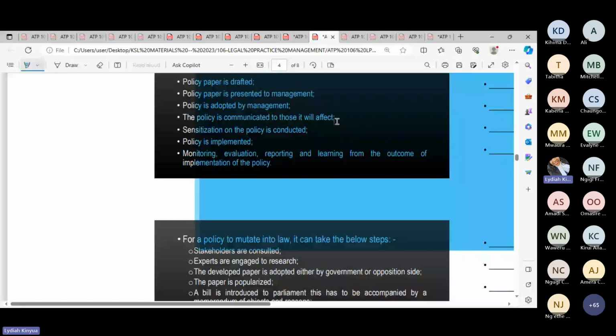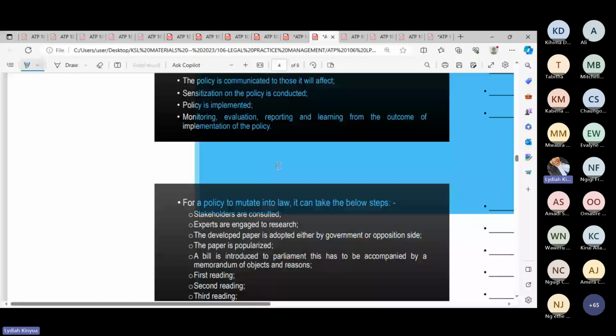Then you sensitize employees on the policy, and lastly, implement the policy. All policies have to have a monitoring and evaluation mechanism, so you can see whether you are achieving the objectives of your policy. So that's how you formulate a policy.